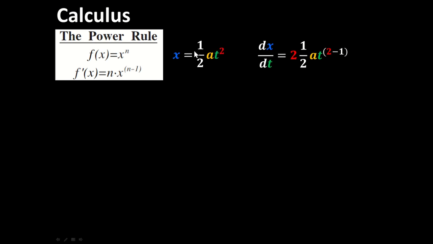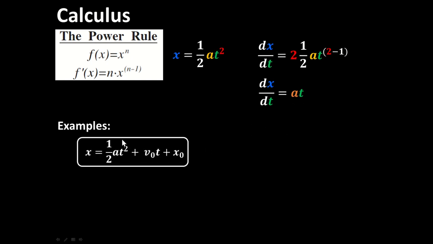So here I brought the 2 down in front, there it is, and I subtracted 1 from that, there it is, and so the 2's cancel here, and 2 minus 1 is just 1. That's the velocity. That's the instantaneous velocity, acceleration times time. Some other examples of that.